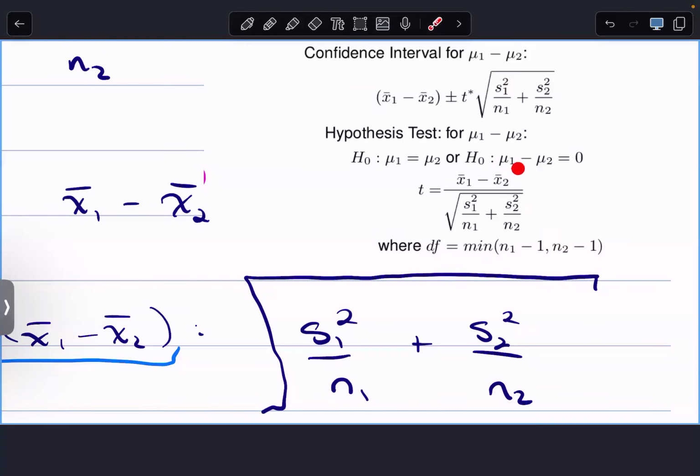Same as we saw for the proportions when we had two sample proportions, I'm going to focus on this version of the null hypothesis, mu1 minus mu2 equals 0, just because that's what I'm using down here in my test statistic. But if you prefer to write mu1 equals mu2, and then how they relate to each other that way in the alternative, that's totally fine. Whichever one you choose.